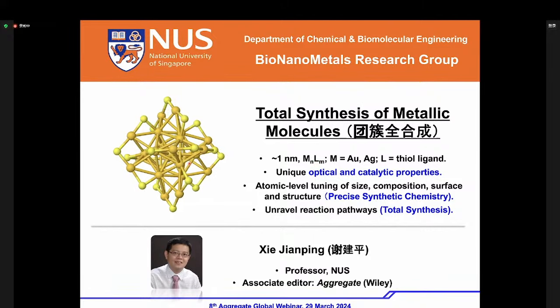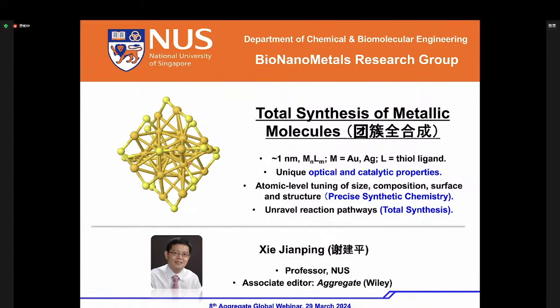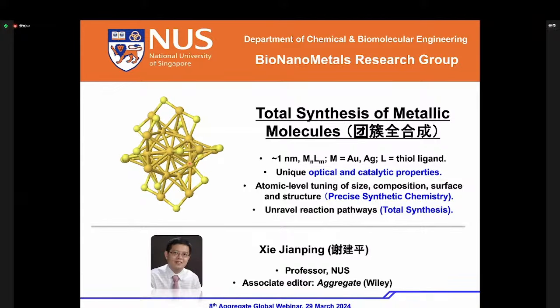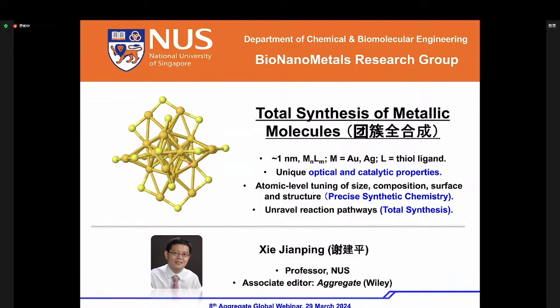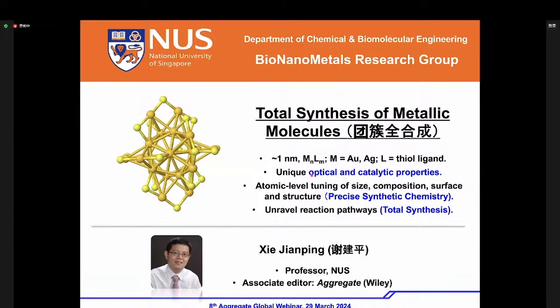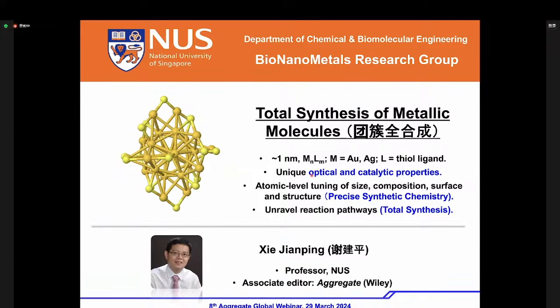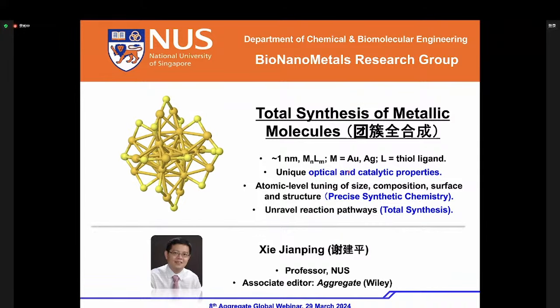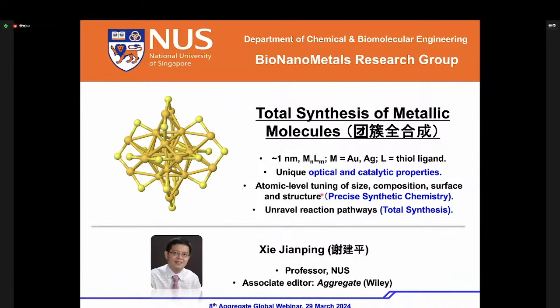As functional molecules, these metallic molecules have very unique physical, chemical, and biological properties. One of the properties I will discuss today is their optical properties, like fluorescence. If you want to realize very consistent and high performance, we need to produce very high quality of these particular molecules.